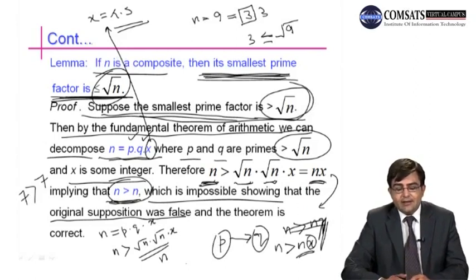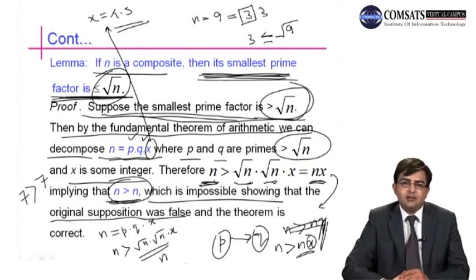I once again repeat that in this method we suppose that what we have to prove is wrong, it is false, and by using some basic definitions of mathematics and basic results, we arrive at some result or some situation which is impossible. Then we conclude that our supposition is basically not true. If our supposition is not true, then the result which we have to prove will be true.